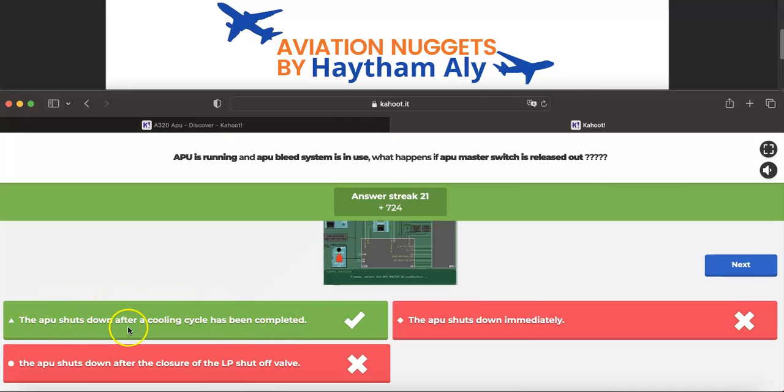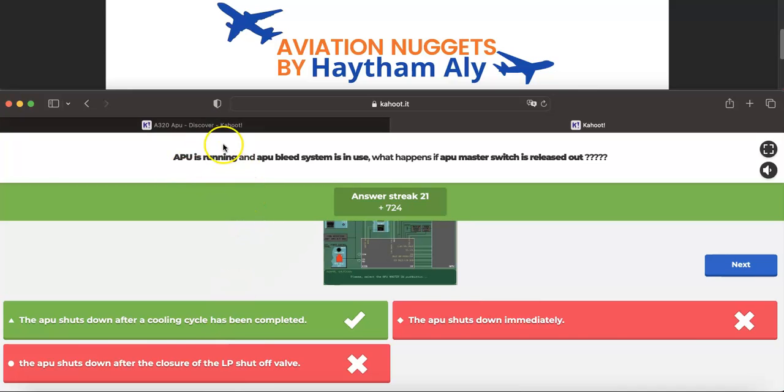Why will the APU shut down after a cooling cycle has been completed? Because APU is running and APU bleed system is in use. Only when an APU bleed system is in use and you initiate a normal shutdown, the APU will shut down after a cooling cycle, a cool down cycle, which is mostly a 2 minute cool down cycle.